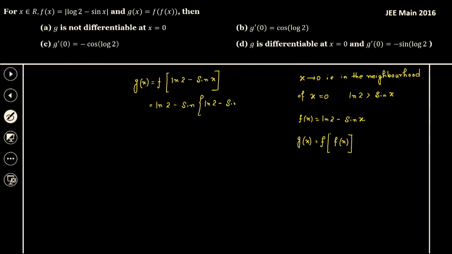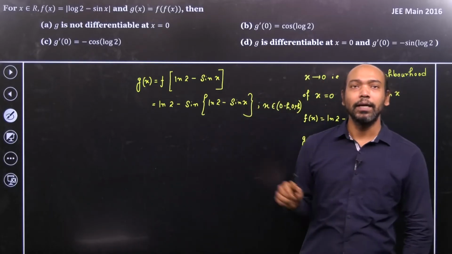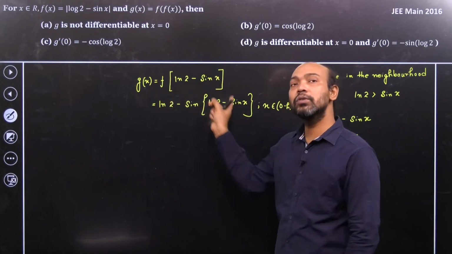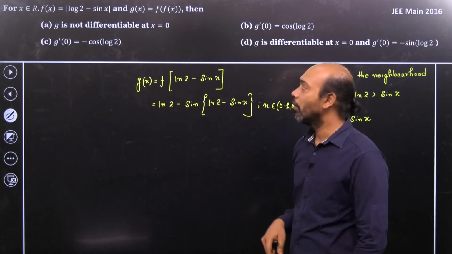So that's my composite function. But here we only consider that x belongs to the interval 0 minus h to 0 plus h, a neighborhood of 0. If that is true, only then does this definition, or trick, hold good.